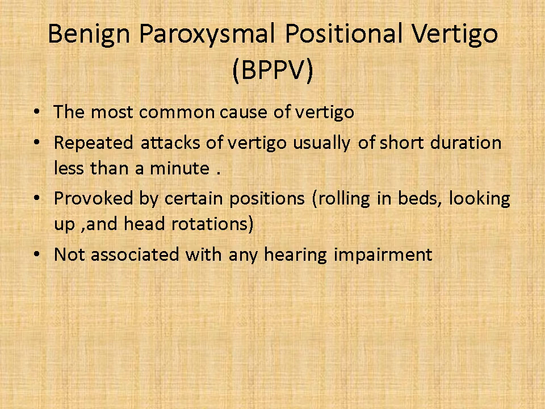It presents in the form of repeated attacks of short duration. The attack can last between a few seconds up to 1 minute, and it is provoked by changing position, as during head rotation, rolling in bed, or looking up, and it's not accompanied by any hearing impairment.